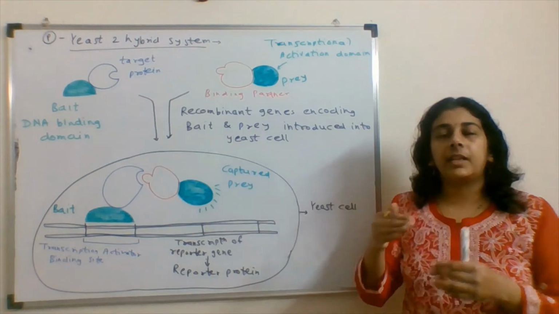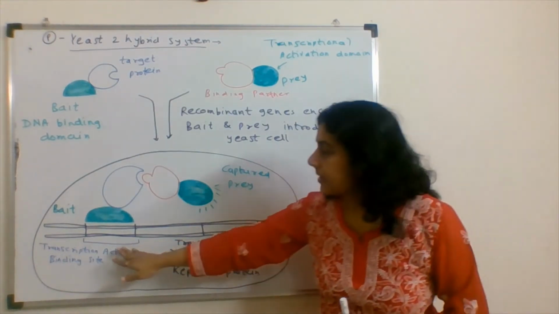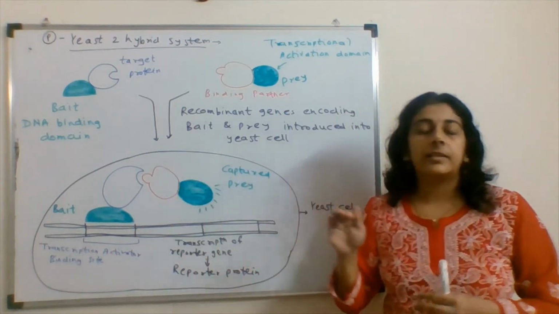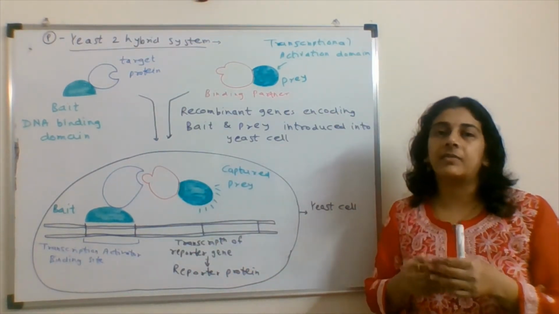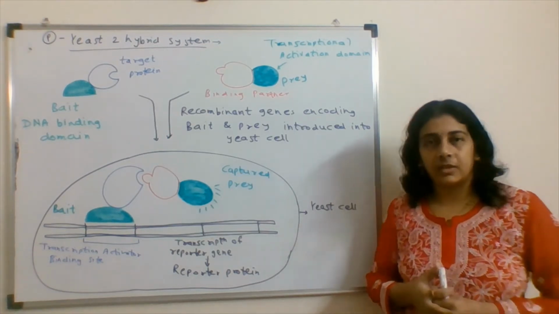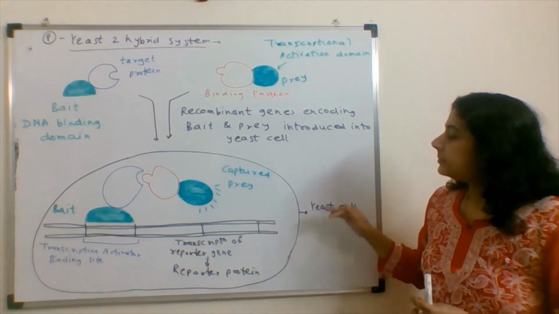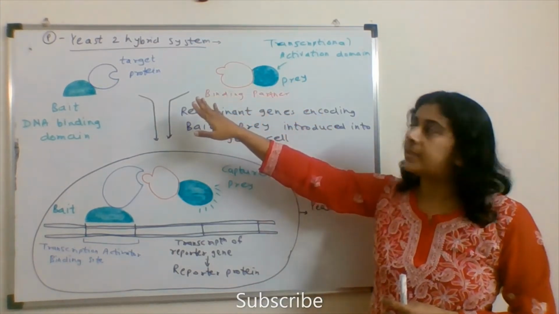So this DNA binding domain binds to the promoter site of the DNA. Here it is shown, and unless the activation domain has interaction with this DNA binding domain, the transcription will not occur. So what is done in yeast 2 hybrid system?